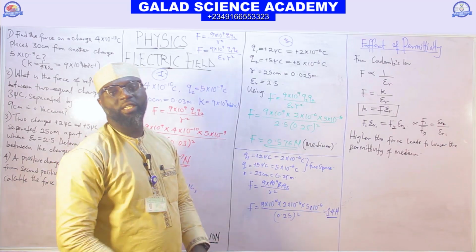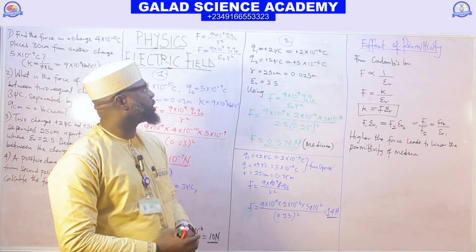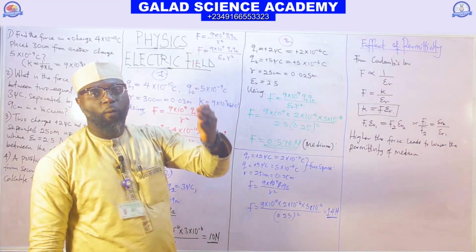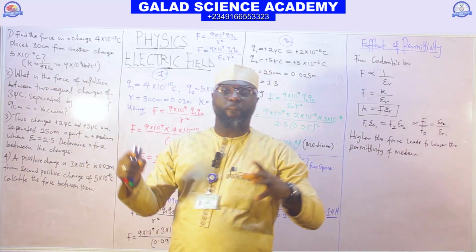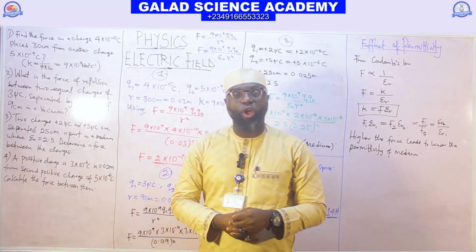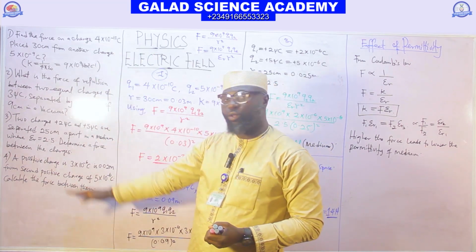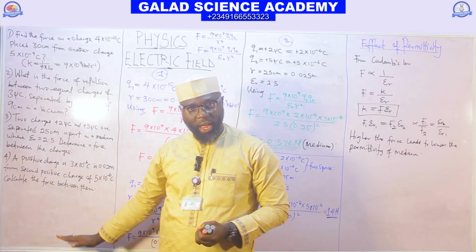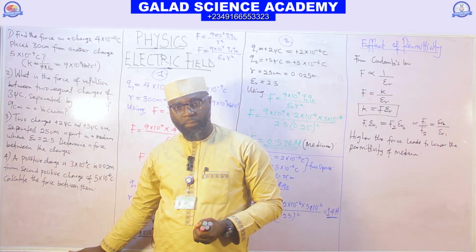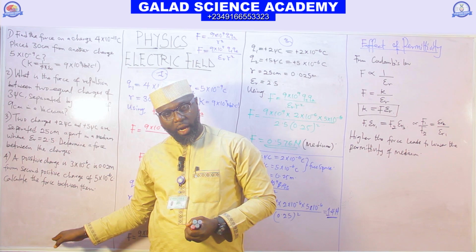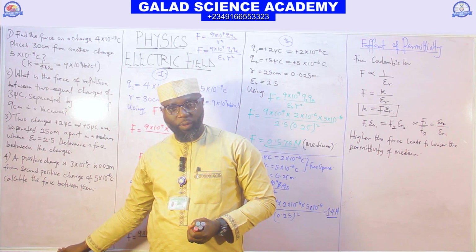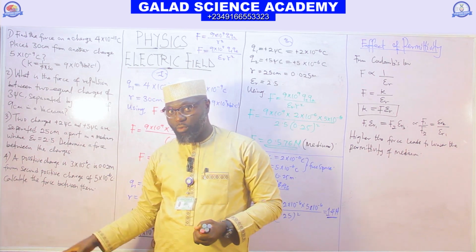So the next thing that we are going to treat now is Coulomb's law in vector form. This is the Coulomb's law as regards WAEC, JAMB, IJMB and other levels.